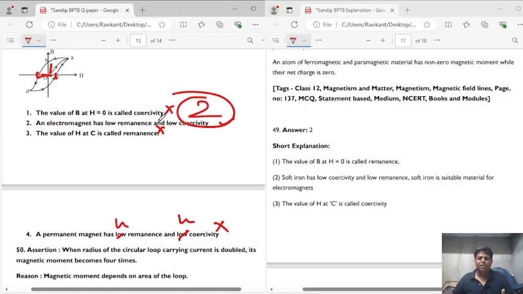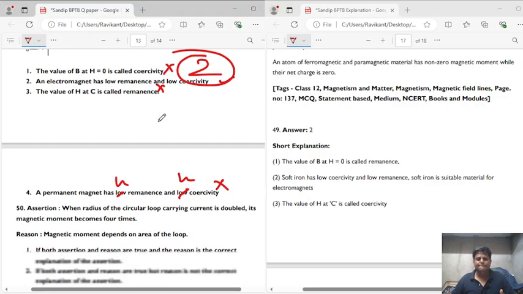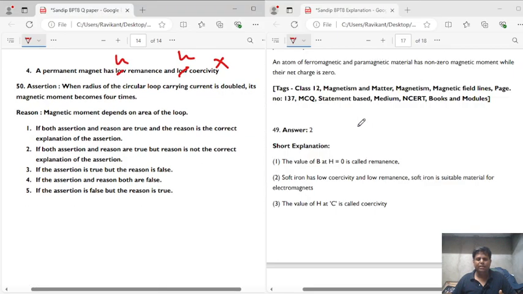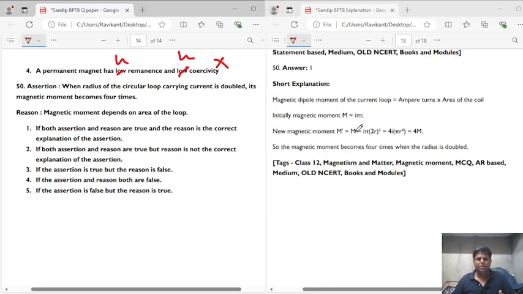Right? Now, question number 50, the last question of this question paper. It says, assertion: when the radius of a circular loop carrying current is doubled, its magnetic moment becomes 4 times. Magnetic moment M is equal to NIA, right? So A is pi r squared.